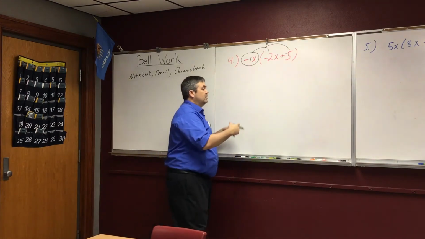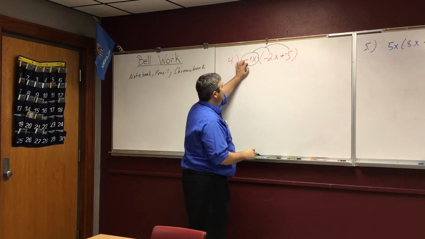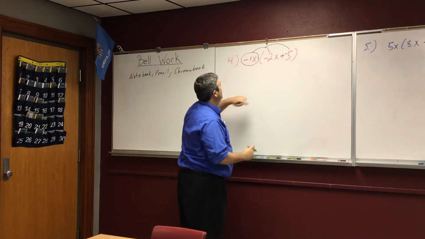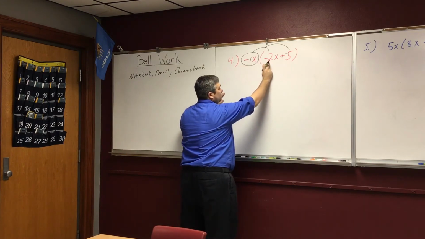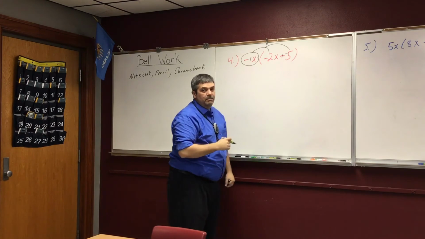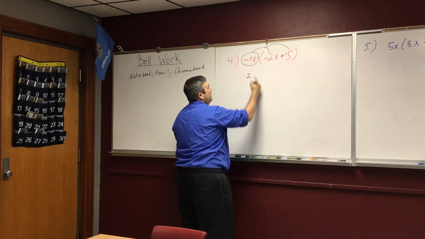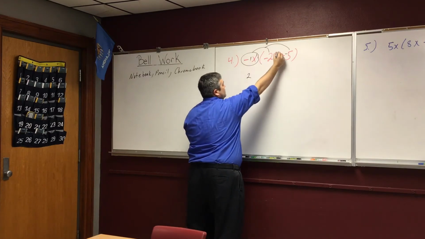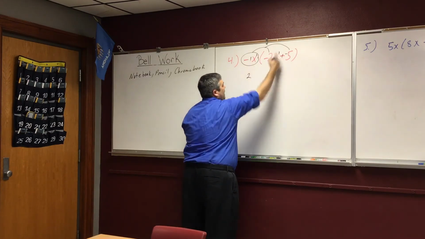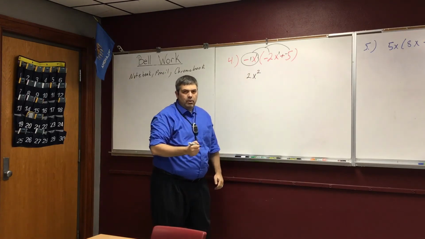Again, sometimes there's going to be 2, sometimes there's going to be 3, sometimes there's going to be 4. Doesn't matter. Take this, multiply it times this. Negative 1 times negative 2. Well, a negative times a negative gets me a positive. So I know that whatever I get right there is going to be positive. So it's positive. 1 times 2, 2. And then again, x to the first, x to the first. I'm going to add the exponents, and I got x to the second. Product of power rule.